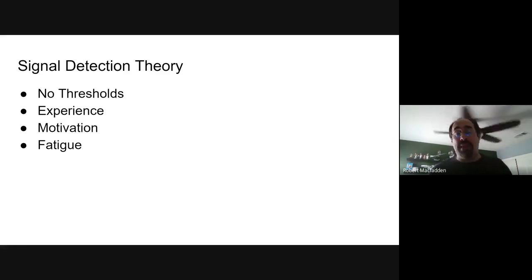Signal detection theory basically says that we can all become experts at a sensation, whether it be taste or touch or sight or smell, whatever. What it takes is experience.